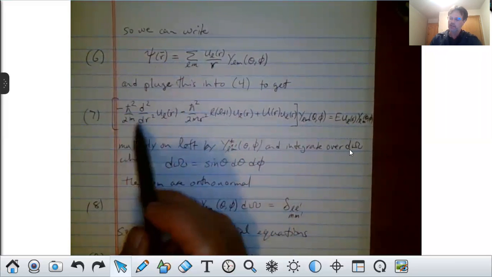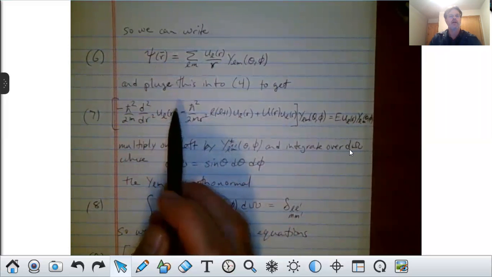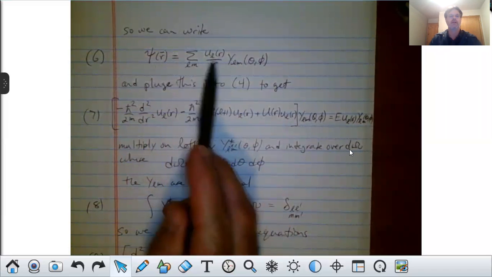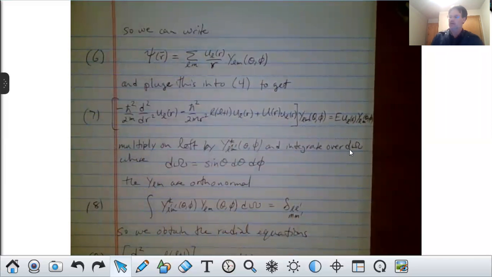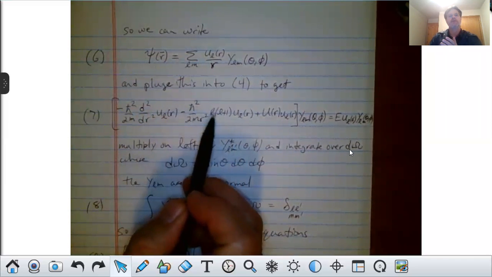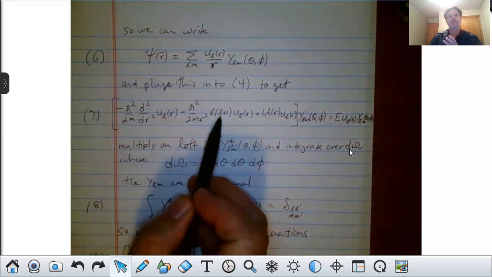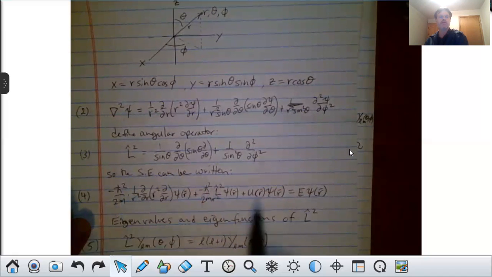What you end up with is just a simple second derivative of u. Now each u_l function will depend on the value of l. It turns out not to depend on m when it's spherically symmetric. But I get this part, and I also get an l times (l plus 1) part, which came from the L squared operator that appeared in equation 4.